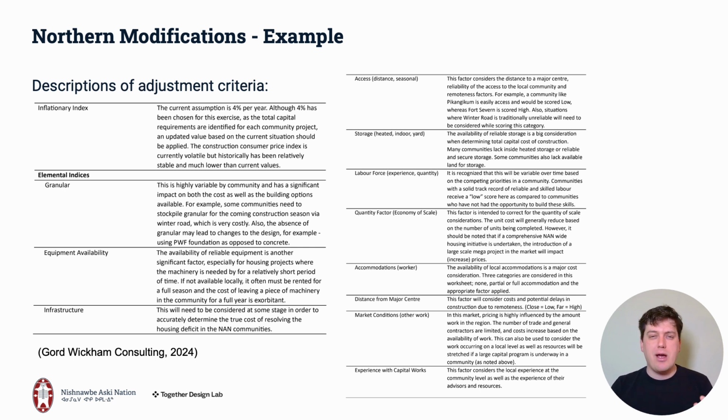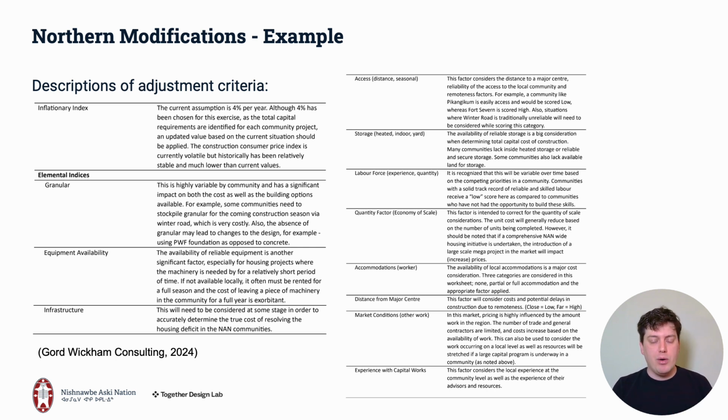And I would say often, actually, when you're getting Class D estimates done, they don't consider any of these factors. As I said, a Class D estimate is a very high level estimate, a cost per square foot estimate, that often when they're being prepared for northern communities, in my experience, they don't consider any of these local factors, and so they can really underestimate the cost.